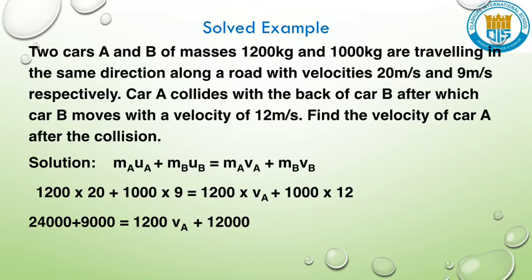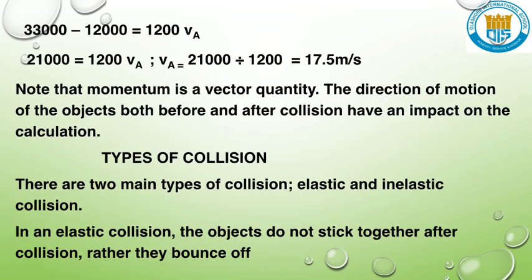After the collision, body B had a velocity of 12 meters per second. But we do not have the velocity of body A. That's what we are looking for. So just slot all the things that we have into the equation and then solve for the velocity of body A. If you do that correctly, you will get a velocity of body A as 17.5 meters per second.